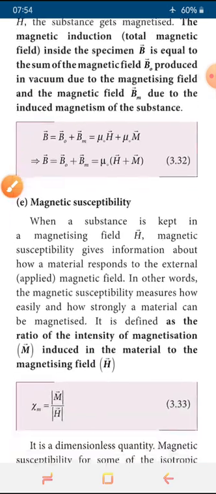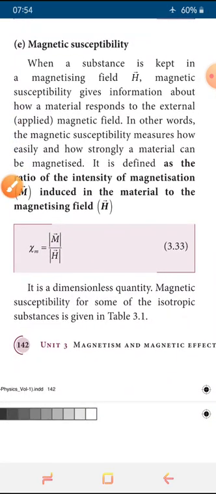And next is magnetic susceptibility. So what is magnetic susceptibility? Here two things are compared. The two things are taken from the previous properties. The first property is intensity of magnetization. Just now, in the beginning of this class, we discussed that statement. Do you remember? Yes. Intensity of magnetization.